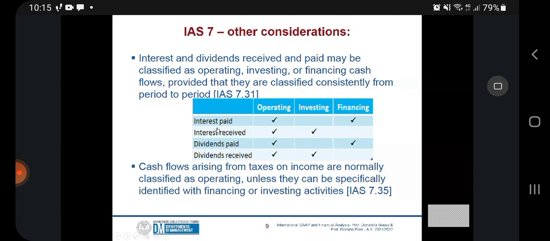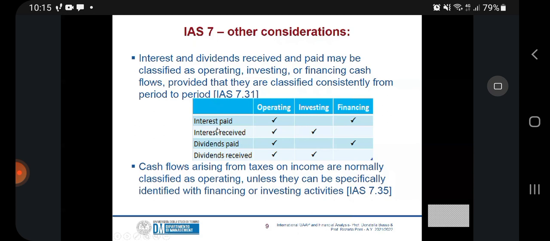Why do we pay dividends? What are dividends? That's a very interesting term in finance and accounting. What are dividends? Profits for shareholders of the company. Yes. They are part of the profit of the company that is distributed or allocated to the shareholders.